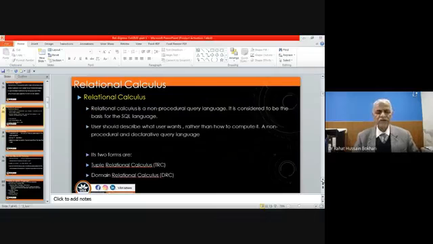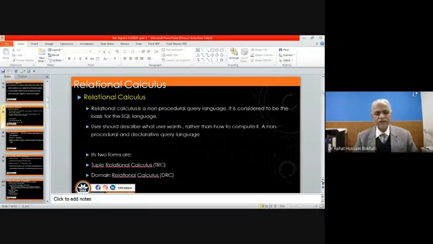The basic difference is this: if I give a task to the computer, and I have to let the computer know how each step should be carried out one by one in order to get our desired results, then you say this language is procedural.